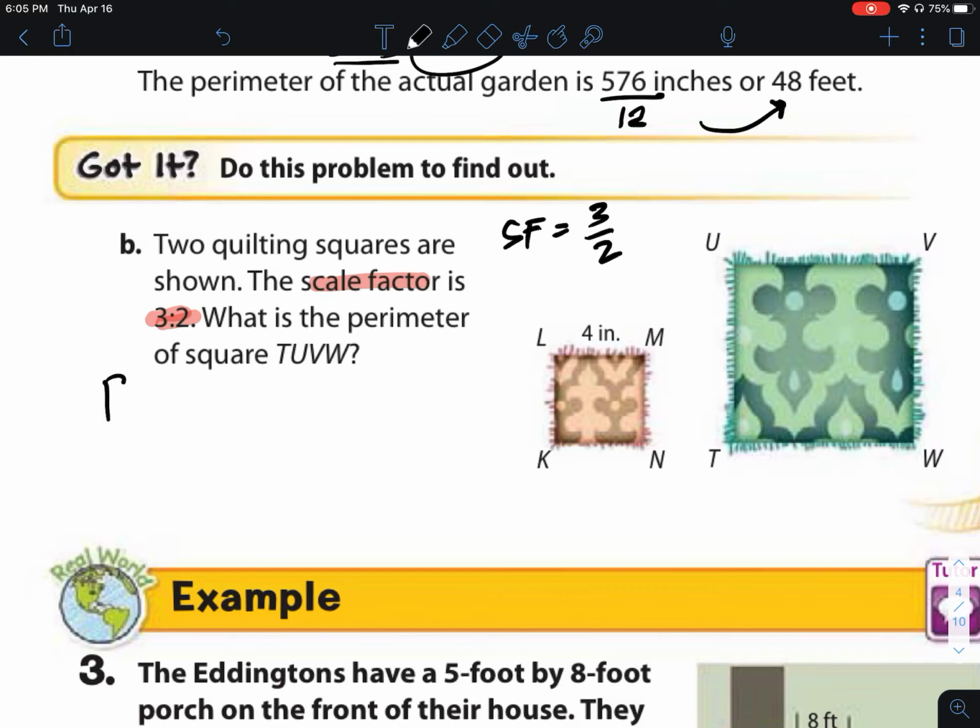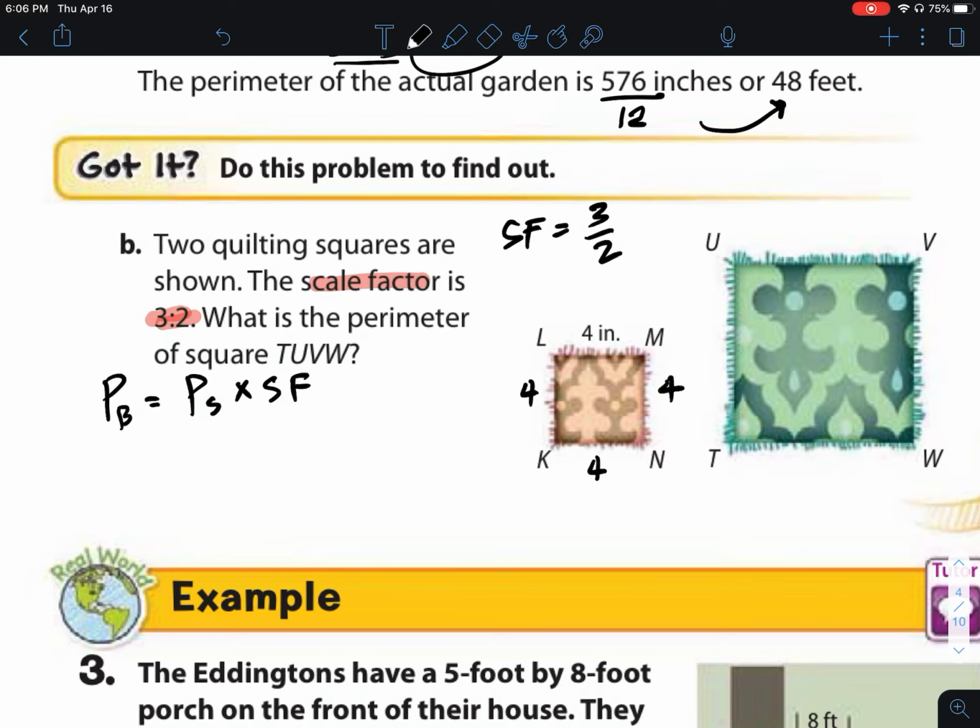Our formula is perimeter of the big figure equals the perimeter of the small figure multiplied by the scale factor. For us to be able to find the perimeter of the big figure, we need to find the perimeter of the small figure. Since this is a square, all sides are 4 inches.